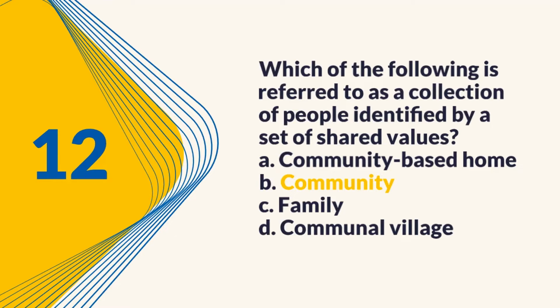This shared identity helps in collective decision-making and support. Option A, community-based home is a specific type of living arrangement, C, family is a smaller, close-knit unit, and D, communal village is a type of community but more specific. So, the correct answer is B, community, because it broadly encompasses a group with shared values.